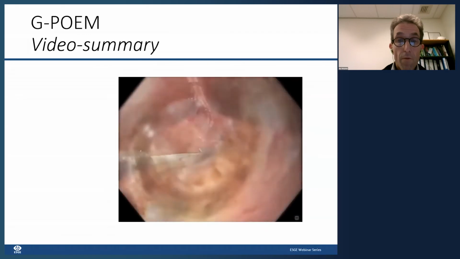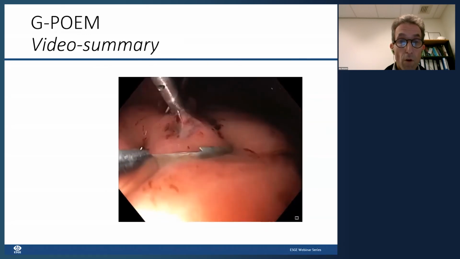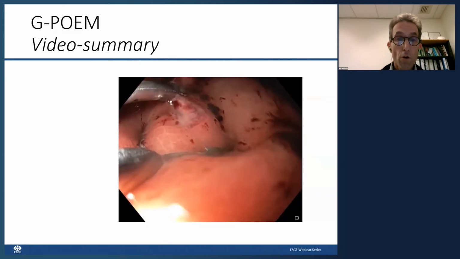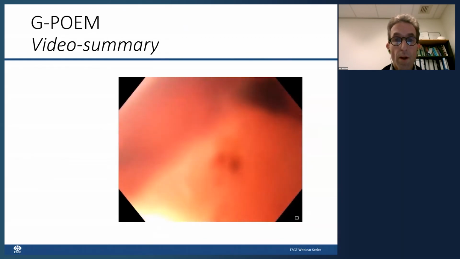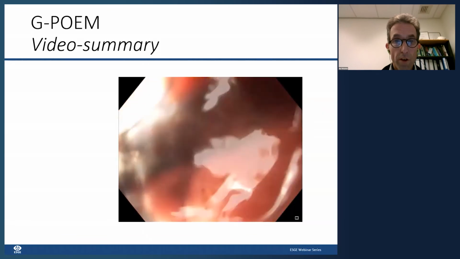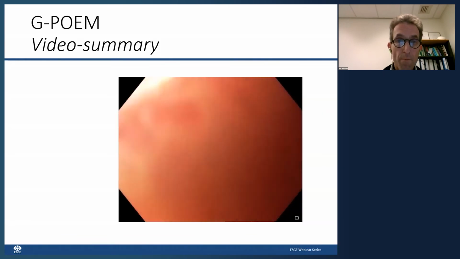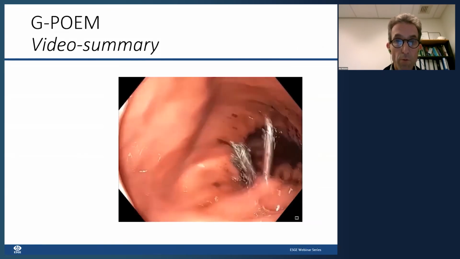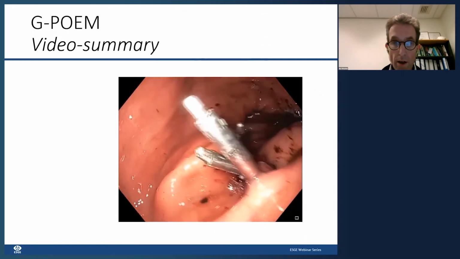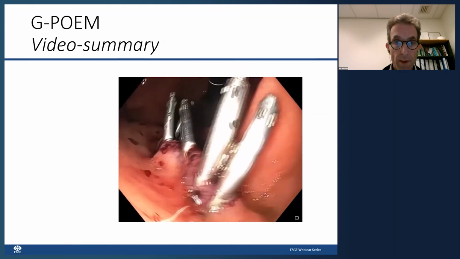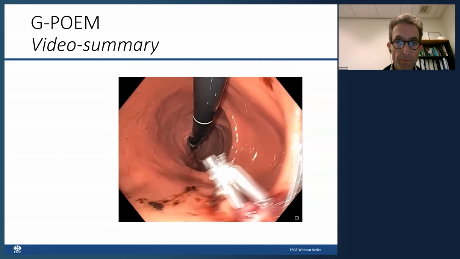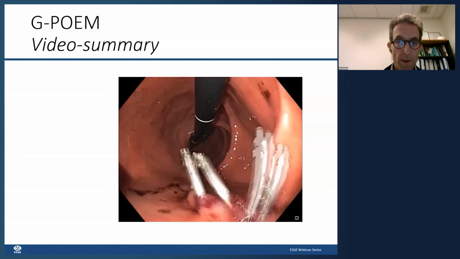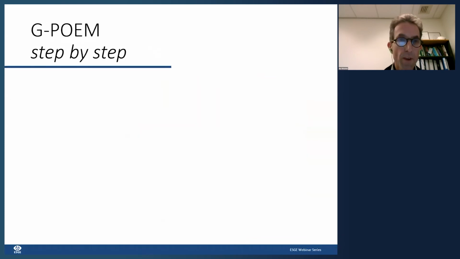And just like the POEM, of course, the final step is the closure of the mucosal entry. And afterwards, you can assess the effect on the pylorus and check if the mucosa is completely intact. Here you see the clips, quite bumpy because of the heart beating.